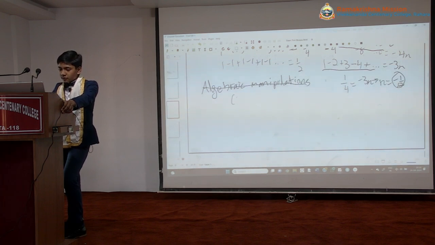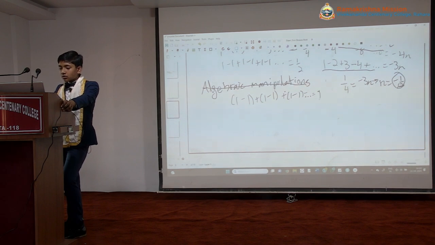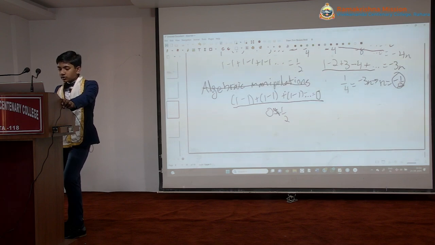So, for example, as he said, you can do this and get 0. Does this mean that 0 is equal to 1/2? Of course it doesn't. It just means that you're not supposed to do these kind of algebraic manipulations.